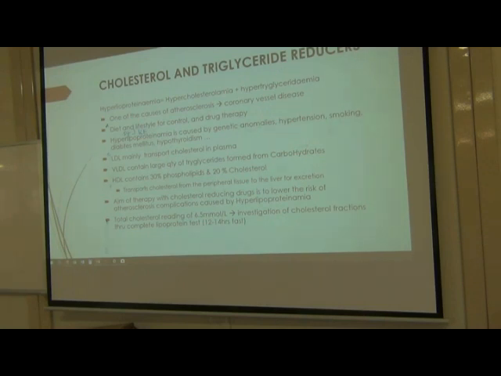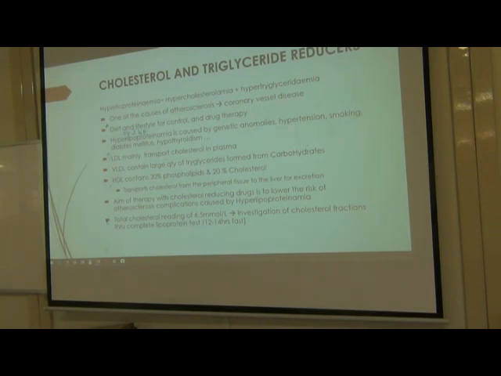Because LDL transports cholesterol in plasma. LDL is the one that carries a lot of cholesterol in plasma. So your low density lipoprotein cholesterol is your LDL. And your VLDL contains large quantities of triglycerides.